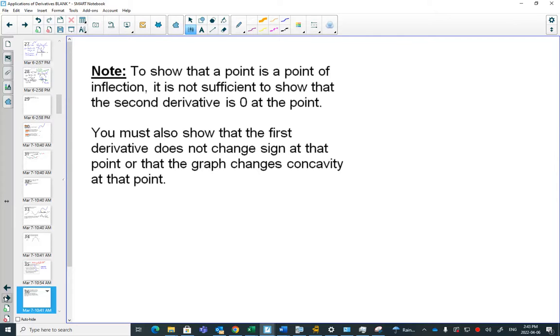You have to show that the second derivative is equal to 0 and it changes from concave up to concave down. That's one way. Or you can show that the second derivative changes at that point, but the first derivative doesn't change. So there's two ways of showing it.